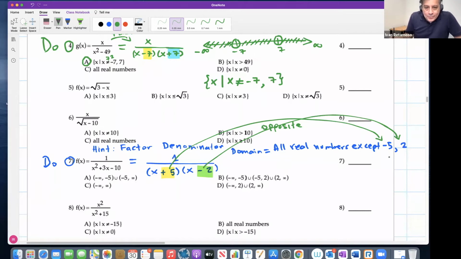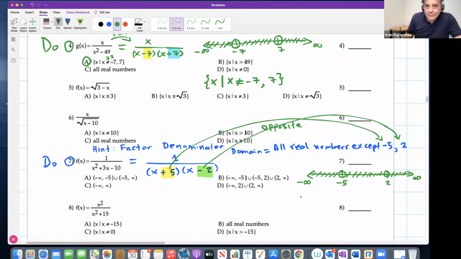Now, this is in words, but they have chosen here the representation of the domain as an interval. So let's translate this into an interval. It shouldn't be a problem, because all we need to do is this. Let's draw the number line here. In order, -5 first, on the right somewhere 2. Hollow circles, because we are avoiding them. We don't want those input values. So shade or color the rest, and translate this into an interval.